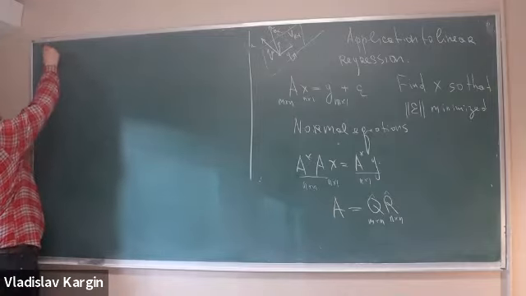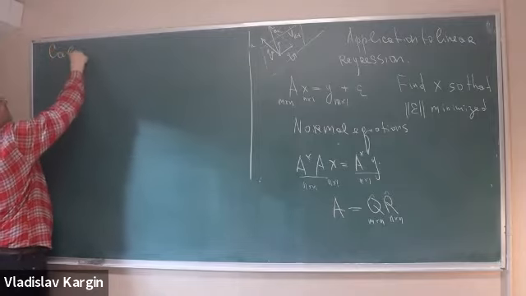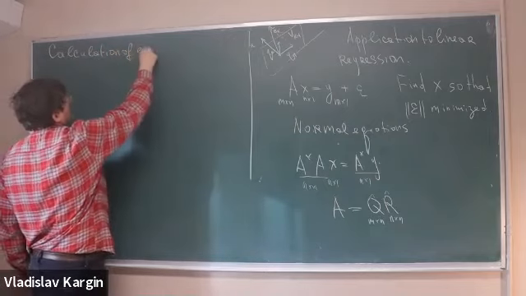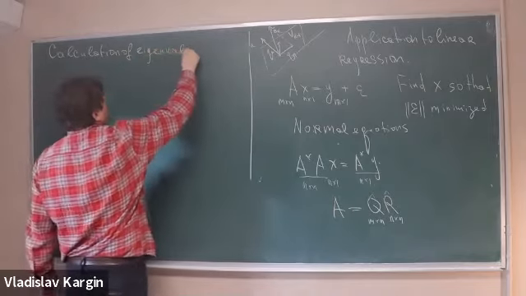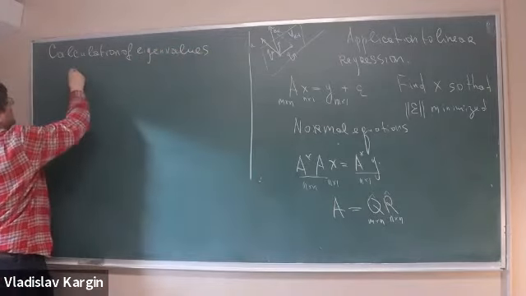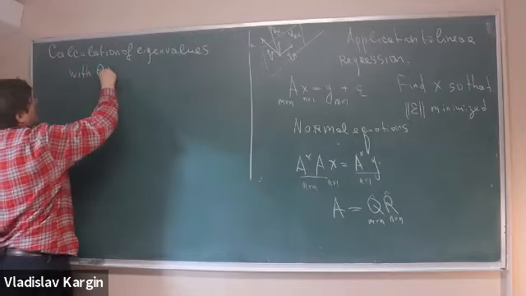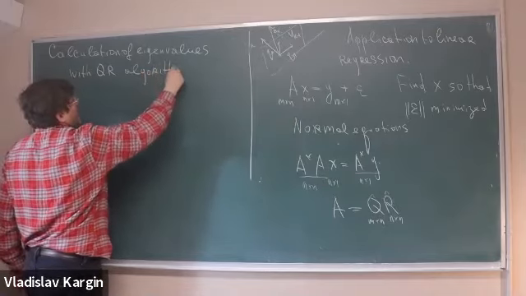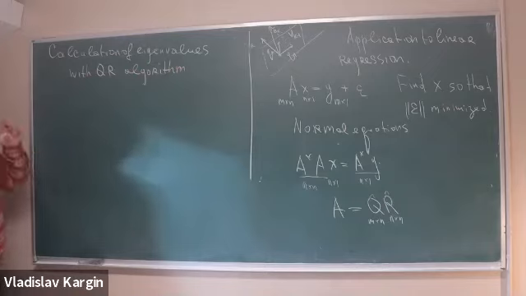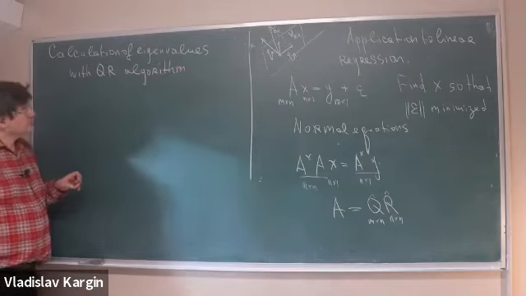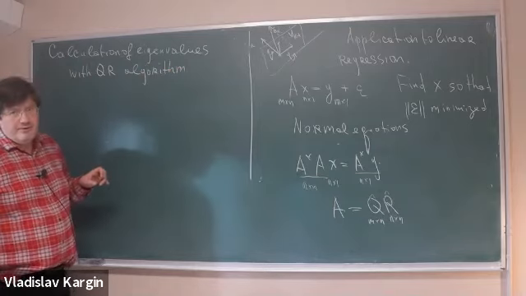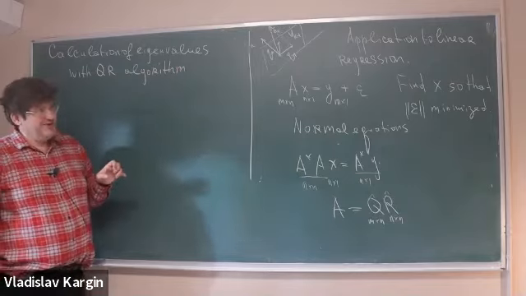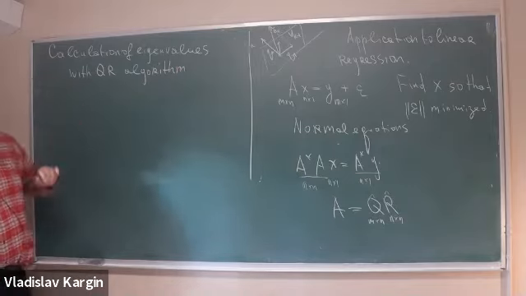So, calculation of eigenvalues with the QR algorithm. The difficulty is that this was a really popular algorithm, so it has many improvements. So let us start with the basic version.